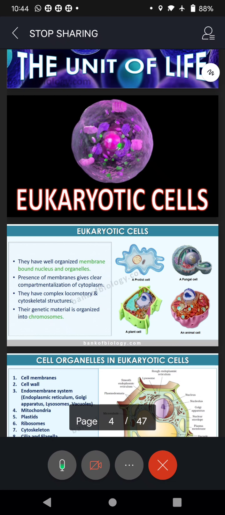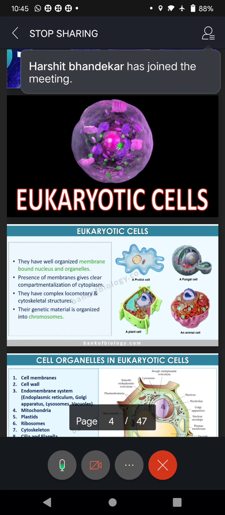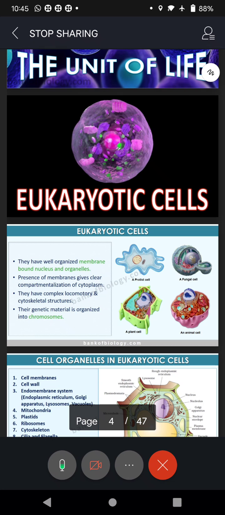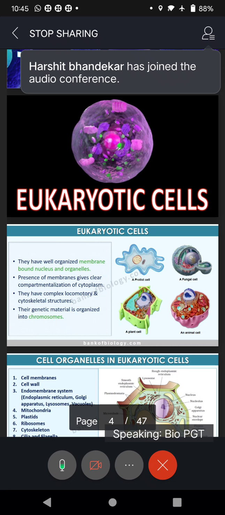Only genetic material will be present without any boundary, without any membrane. Nuclear membrane will not be there, so it is difficult for us to identify the area of nucleus. Plus, we also said that along with the nucleus, other cell organelles also will not have membranes. So we said membraneless cell organelles.